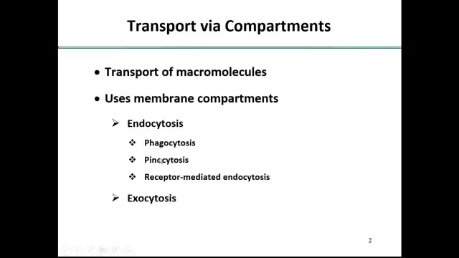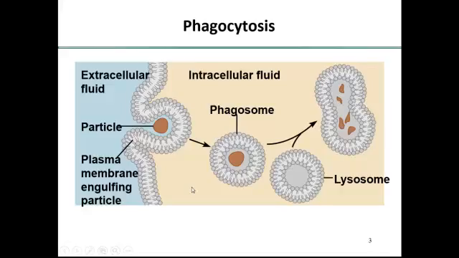So let's look at endocytosis first. There are three types. The first one is phagocytosis. If the molecule is a solid particle, and it comes to the cell membrane, the membrane is involuted into a vesicle, and this vesicle comes into the cell and becomes a phagosome, and this phagosome binds the materials and then fuses with the lysosome.